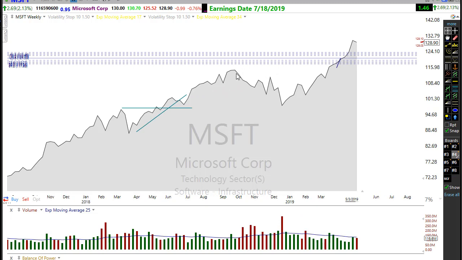So for example, right in here, this is one of those protracted pullbacks. Multi-month pullbacks. It adds clarity to the patterns.